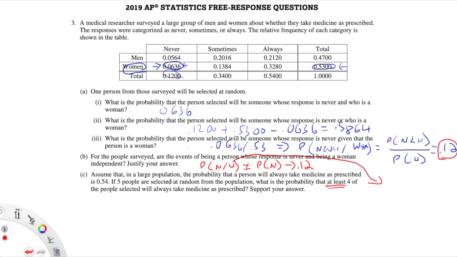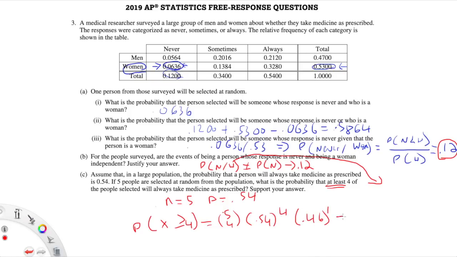So there is a longish way to do this. The way to think about it is it's a binomial distribution with n equals 5, so 5 trials, and p success equals 0.54. You could do it the long way, where you actually draw out the binomial distribution formula, and you do the combination, and 0.54 to the fourth, and probability of failure will be 0.46 to the one.